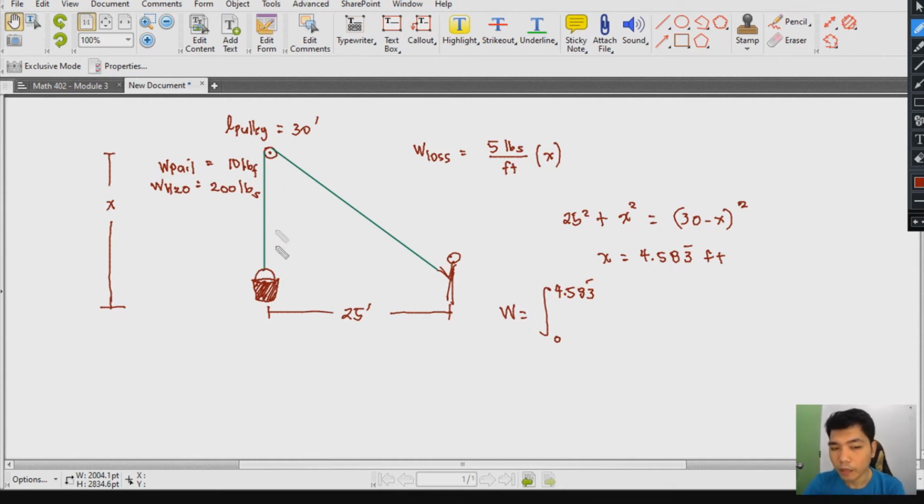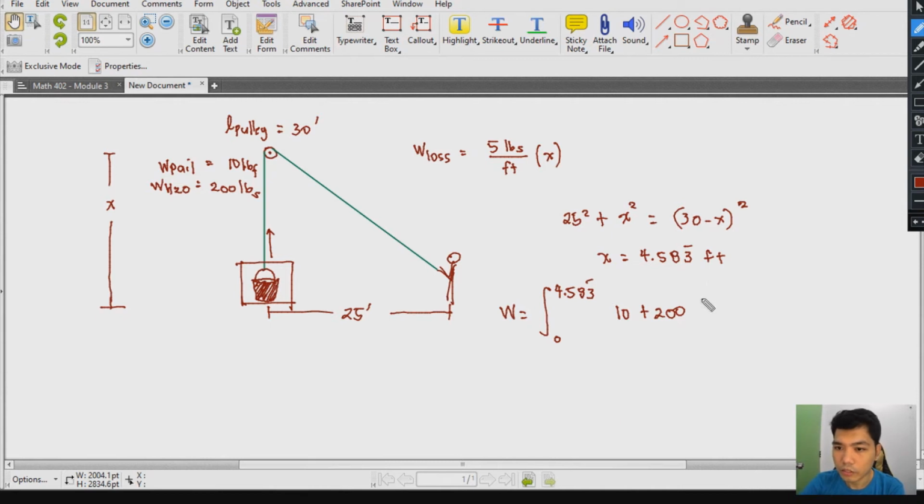So remember, the force that is being lifted here is actually just the sum of the weight of the pail, that's 10, okay, and then you add 200 pounds because that's originally the amount of what you have to lift. But remember, as we increase our distance from the 0 point going upwards, there is this loss, and this loss is dependent heavily on the distance from the ground going upwards.